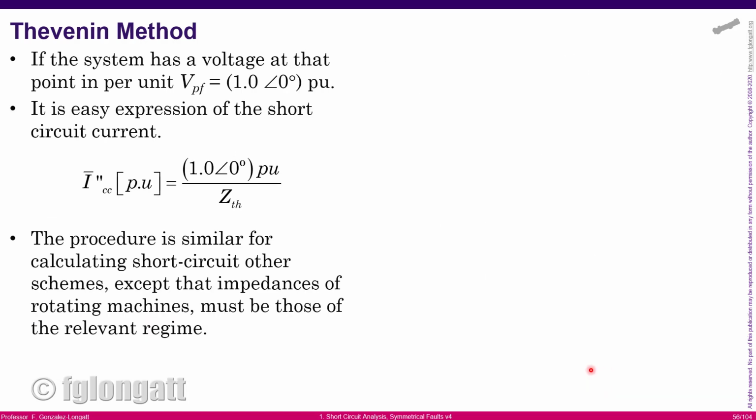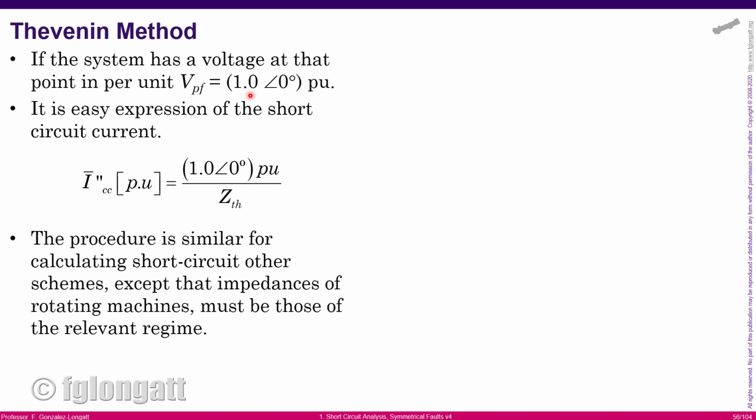Okay? Typically, for people doing short circuit analysis based on the Thevenin method, we can assume that the system is working at nominal conditions, rated conditions, and we can assume that the system is unloaded, for instance. And if that is the condition, that there are no load currents, that means that all the voltages inside the power system have the same value in per unit if the bases are properly calculated.